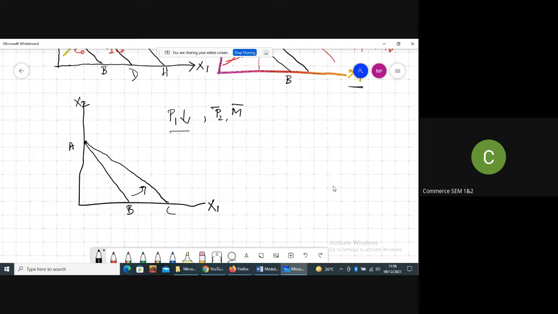So for the AB budget line, if you have an equilibrium point E0, and for the AC budget line an equilibrium point E1, if you join these 2 points, what we get is called the PCC, or price consumption curve. Clear?